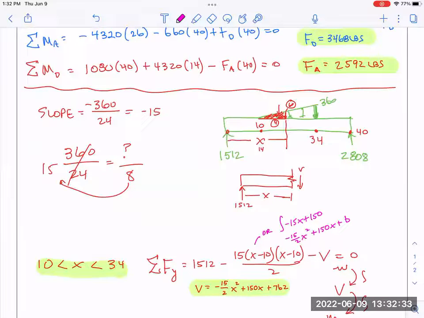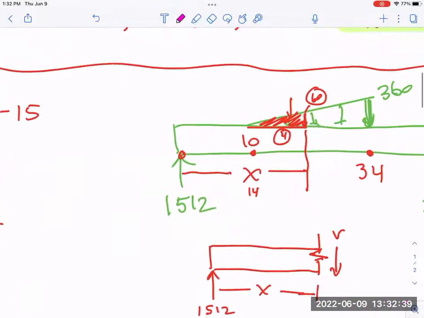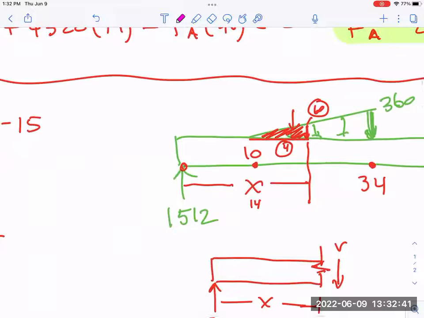Didn't we sort of forget the 0 to 10 thing? So what happens in that portion where x is from 0 to 10? If I make my chop right there, I got 1512 on the left pushing up, and I've got this shear force right here pushing down.